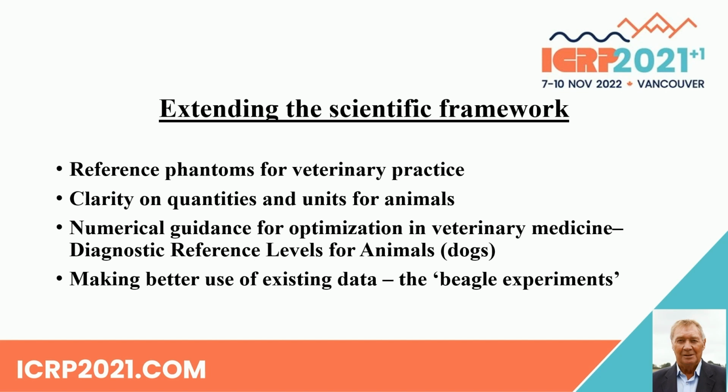And indeed, the entire issue of quantities and units in a non-human context needs sorting out. An obvious place to start would be the derivation of diagnostic reference levels for animals, or at least for dogs, as an optimization tool. After all, there is a vast and seemingly untapped database to enable this to be done.